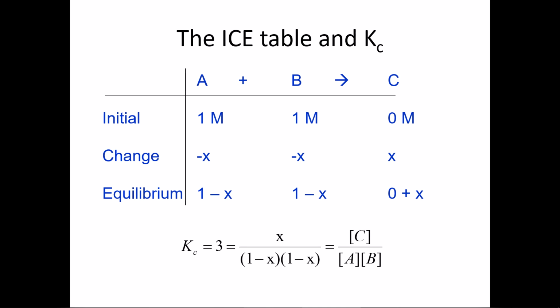So remember, our K equilibrium expression is really looking at the concentration of the product at equilibrium divided by concentrations of reactant A and reactant B at equilibrium. And now we have expressions for those. So C is X, and A is 1 minus X, and B is 1 minus X, and this whole expression then has to equal our K value of 3.